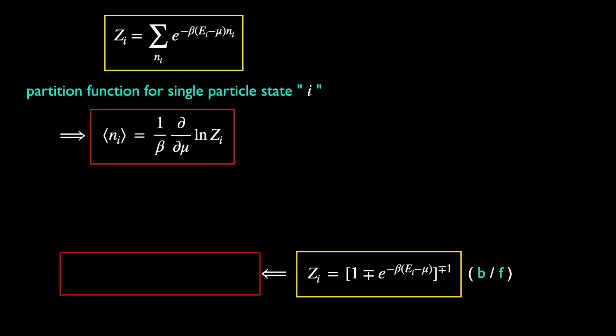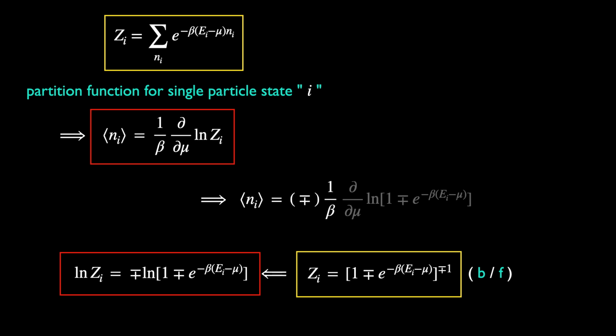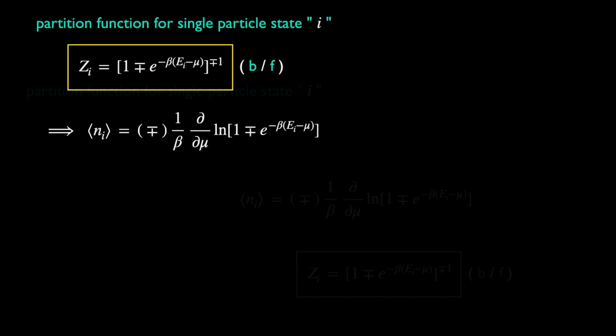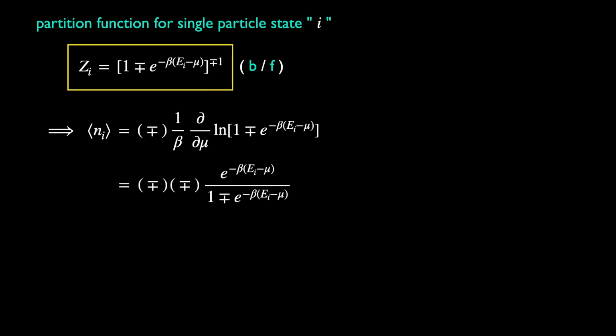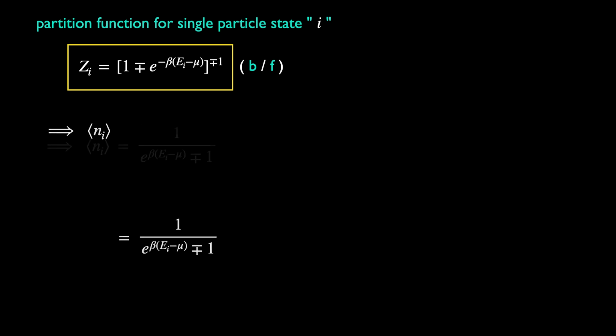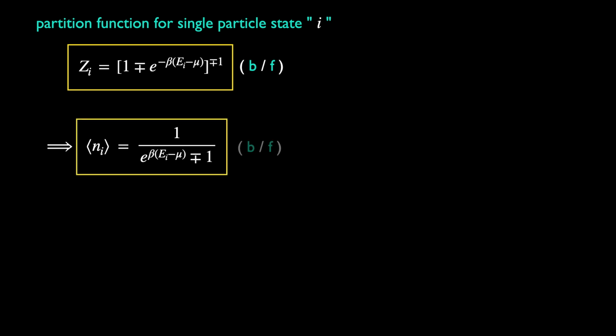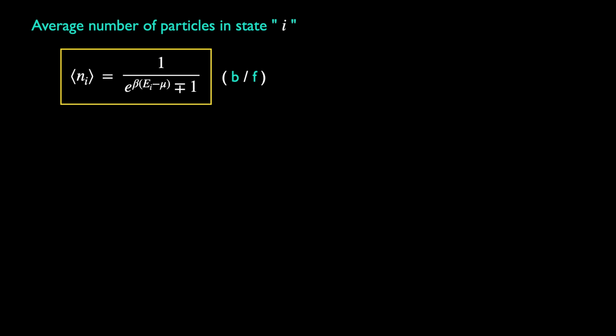Now plug in our explicit expression for Zi. Thus we have the average occupation number for state i for both bosons and fermions.